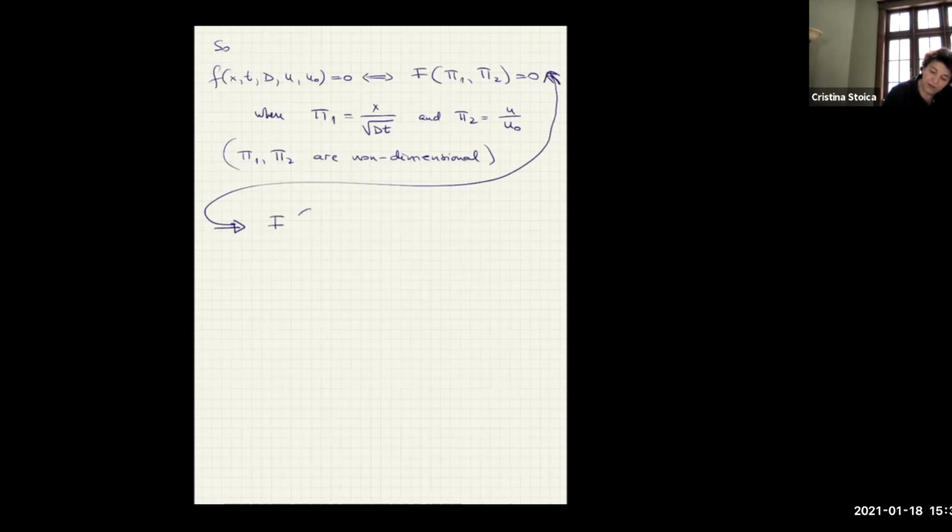So we have f of x over root dt, u over u naught must be 0, right? Or we can say u over u naught will be a function, I should use a different letter, let's say g of x over root of dt.